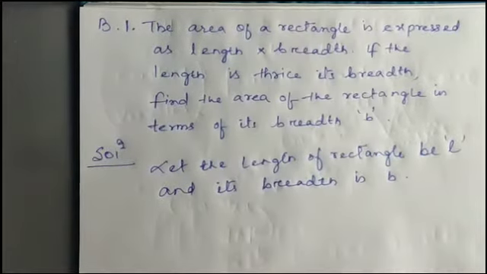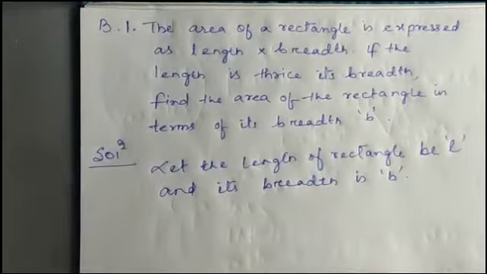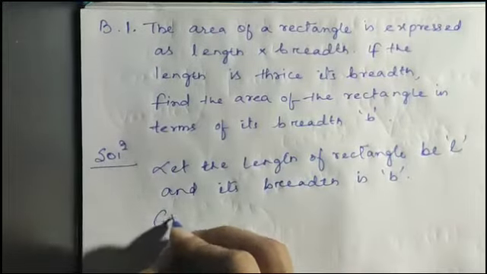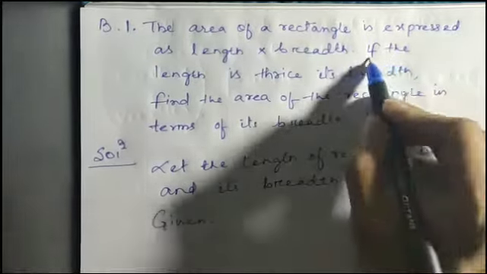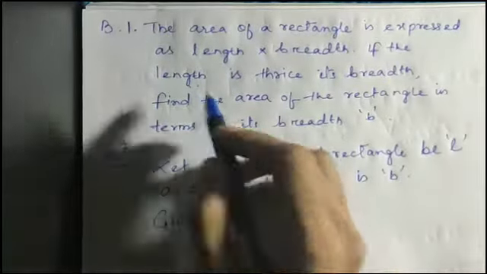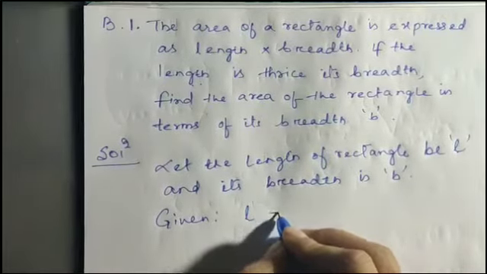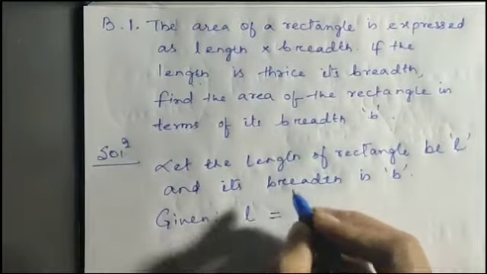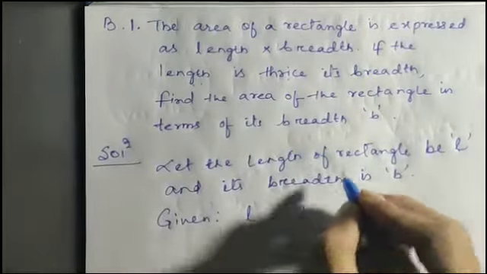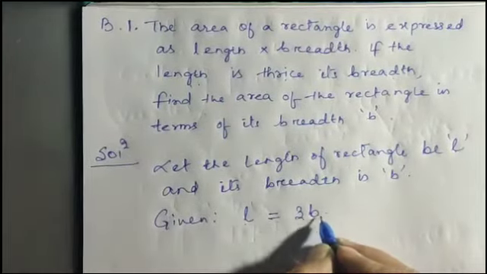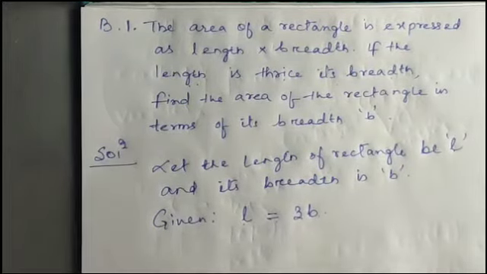It is given that the length L is equal to twice its breadth, that means L equals 2b.